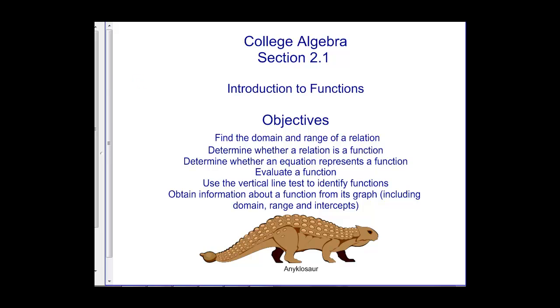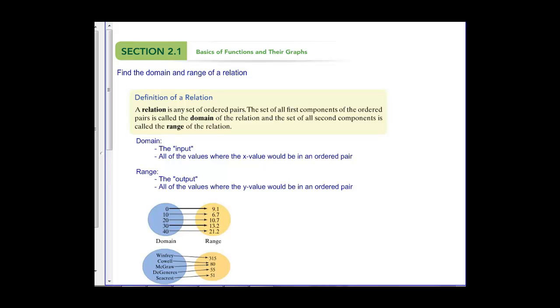But first, let's talk about a relation. A relation is any set of ordered pairs. The set of all first components of the ordered pairs is called the domain of the relation, and the set of all the second components is called the range of the relation. So we're thinking about it as your input and your output. The input is usually your x. In your ordered pair, where your x would be, that's your input.